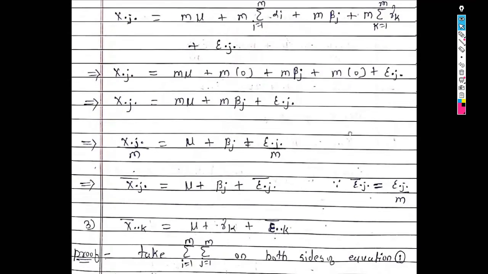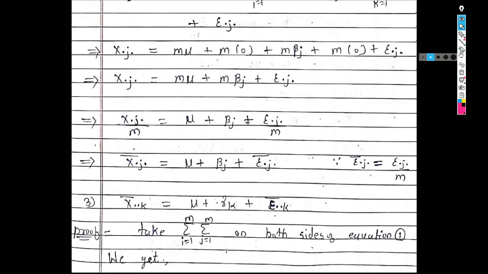Now divide by m throughout the terms. So we get x dot j dot upon m equals mu plus beta j plus epsilon dot j dot upon m. This term is nothing but our jth column mean, equal to mu plus beta j, and epsilon dot j dot upon m can be written as epsilon dot j dot bar.